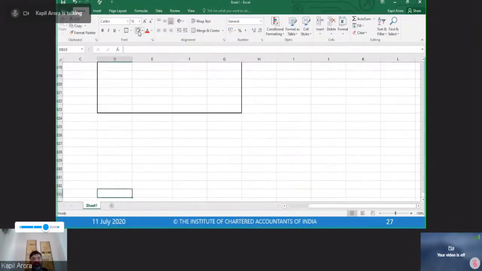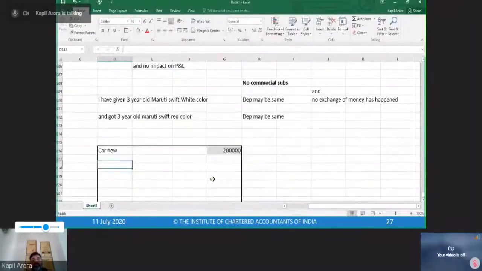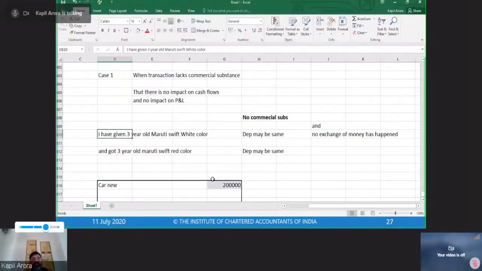So, first is the transaction lacks commercial substance. We have discussed that. The second is when I don't know the fair value, right? For example, let's say I have exchanged a 3-year-old Maruti car with a 2-year-old Maruti car.